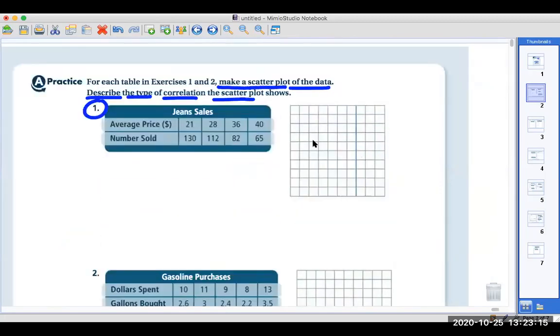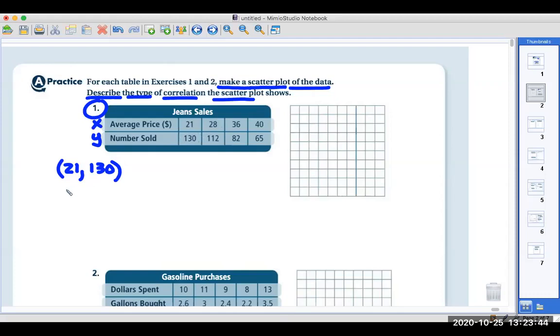Let's make the scatter plot first. And we only need the positive X and Y axis. By the way, the top are your X's and the bottom are your Y's. So we're having all these ordered pairs. 21 goes with 130. This means that with the average price of an item being $21, you would sell 130 items.